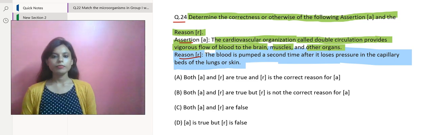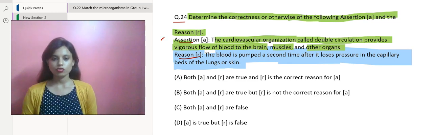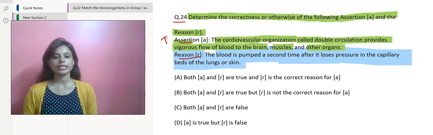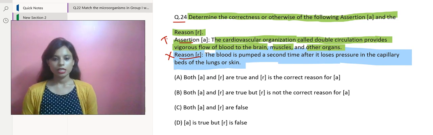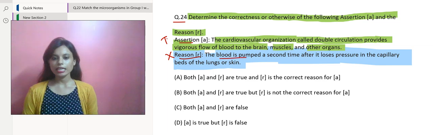Now, here I might say that the assertion is true, but the reason is not the correct explanation for this particular assertion. So let's not go with the reason. The reason is correct if we look at it individually, but it's not the correct explanation for the assertion.